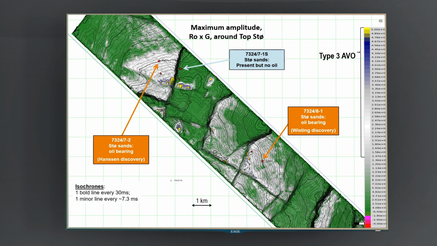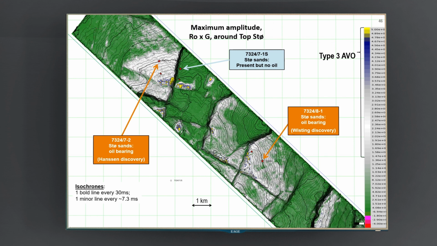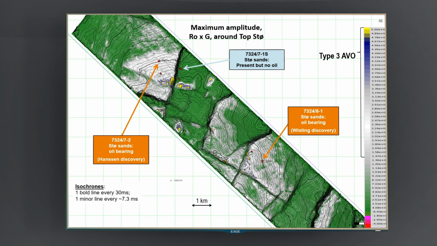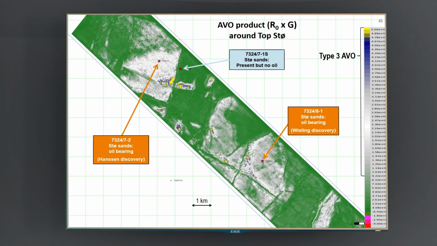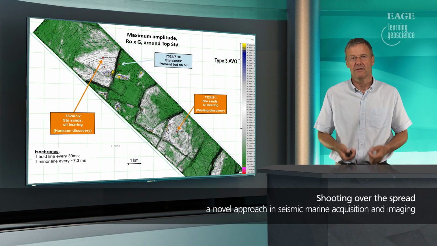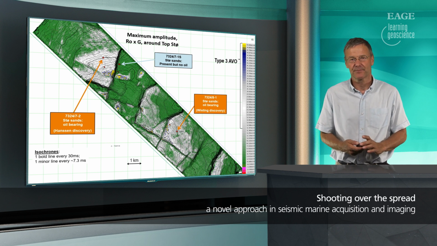To get a bit more confidence in this, we put on the isochrones. So we're now looking at the isochrones in these faulted structures, and we see how well they follow the AVO anomalies, which indicates that these AVO anomalies are gravity driven, that they are liquids and gas sitting on top of the up-dip structure, which is the reservoir.